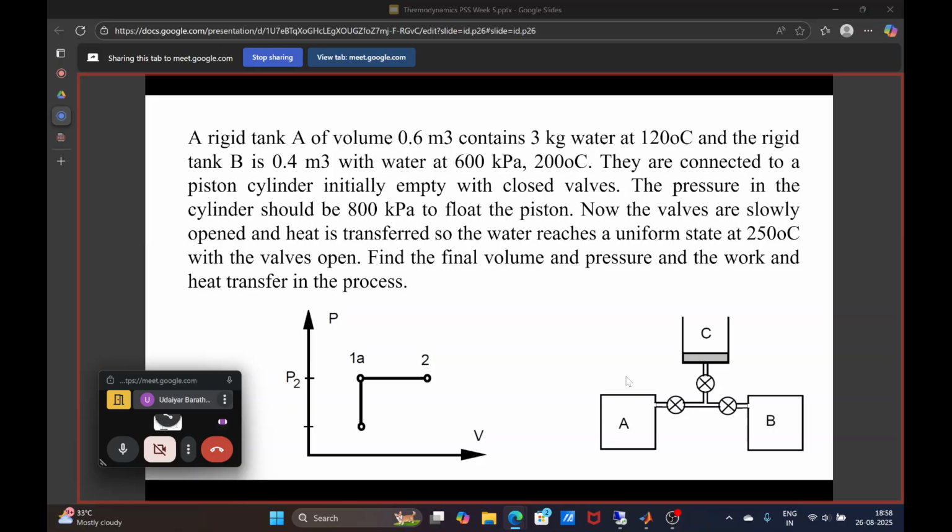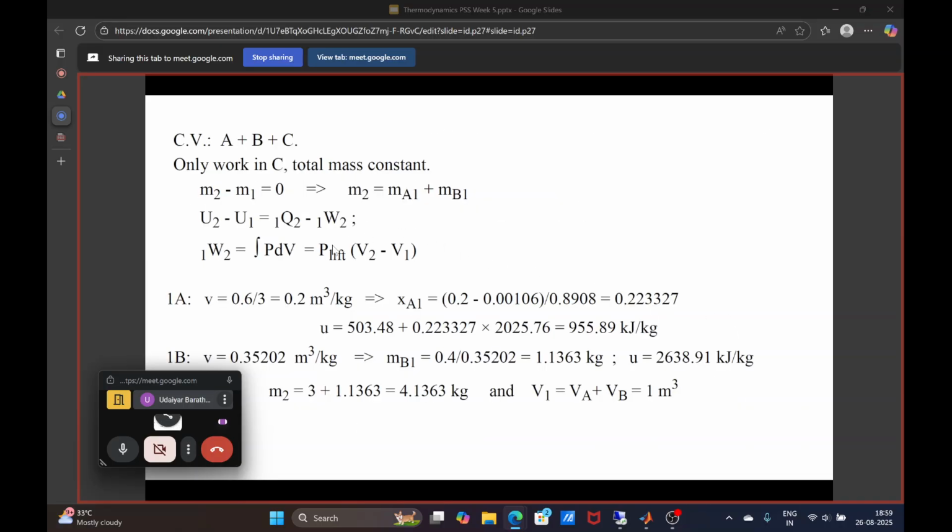So it's doing work on the atmosphere, which is happening at constant pressure. So that is your P into delta V. We know the pressure, but we need to find the final volume to find the change in volume. To do that, first we'll find the initial volume.